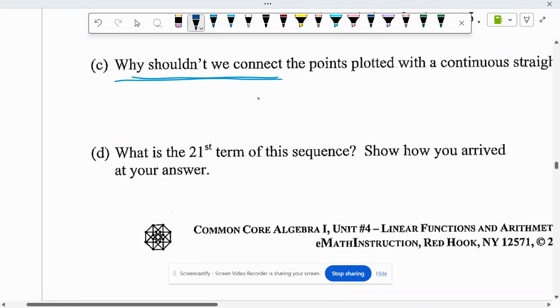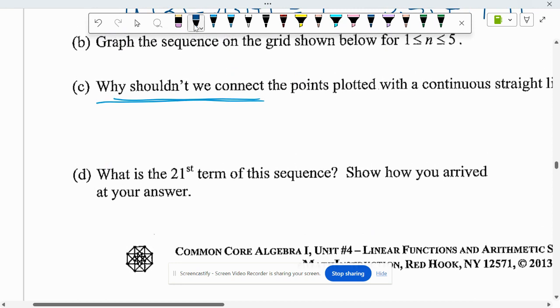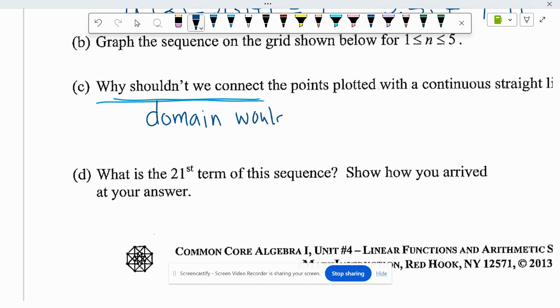So we cannot connect the points with a line, because if we connect them with a line, our input values, our domain, would include decimals and fractions.